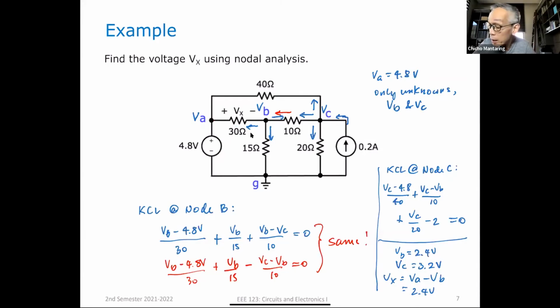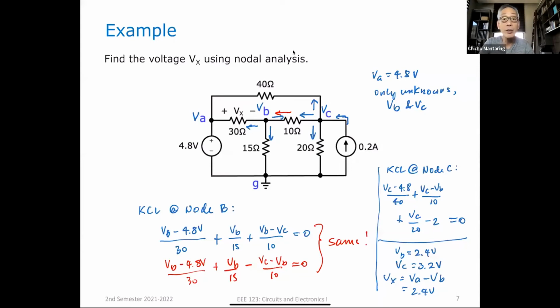In the same way, I can get the voltage across my 0.2 ampere source because I know now the current flowing through here. The voltage across my 0.2 ampere source is already V of C, because that source is connected between V of C and ground.